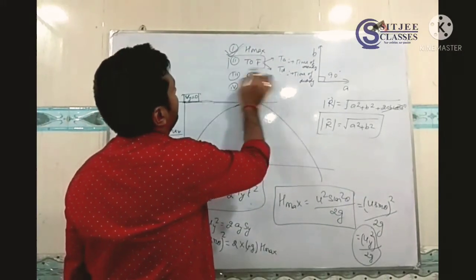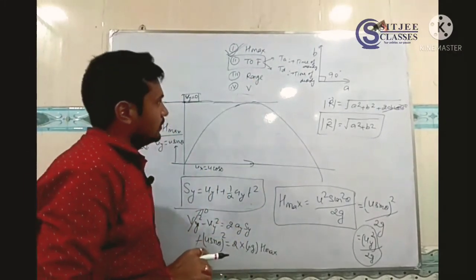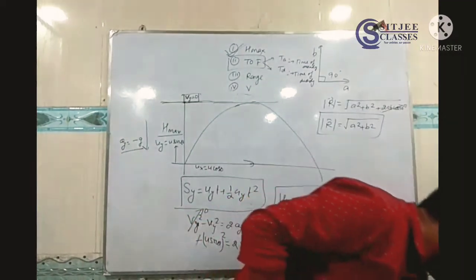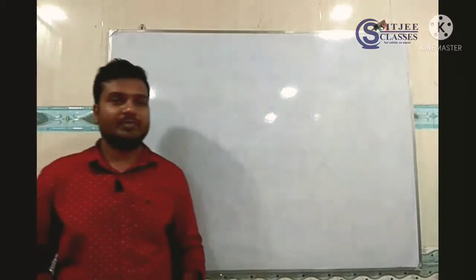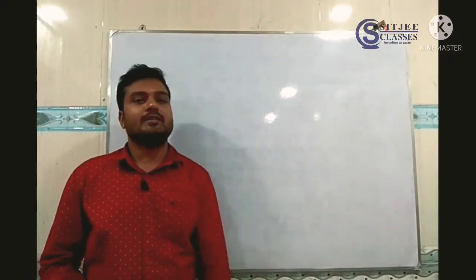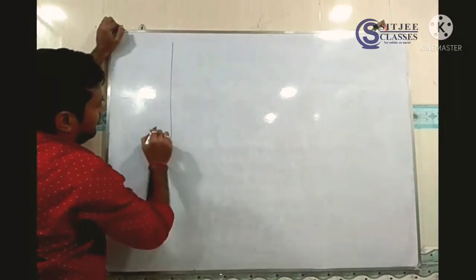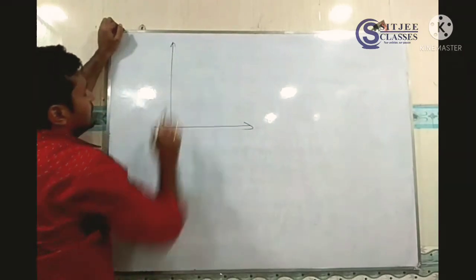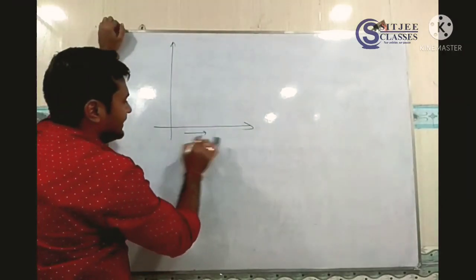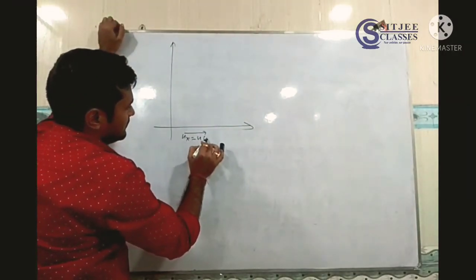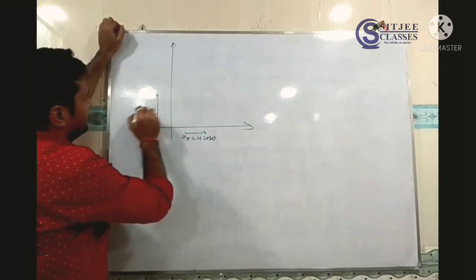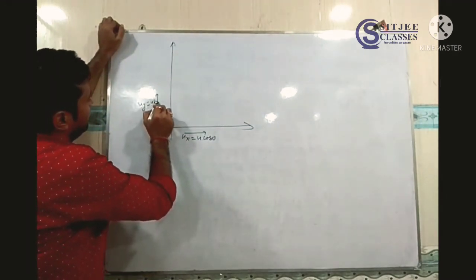Next, we can go to time of flight. Okay, so let us see how to calculate your time of flight. So we had here ux as u cos theta and uy as u sin theta.